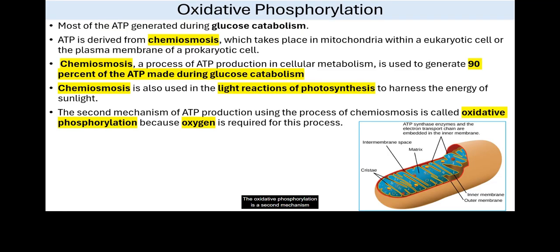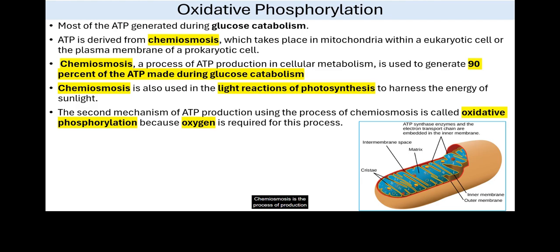The oxidative phosphorylation is the second mechanism how cells can produce ATP during glucose catabolism. And chemiosmosis is a process which is used in mitochondria of the eukaryotic cells or on the plasma membrane of prokaryotic cells, for example, bacteria.